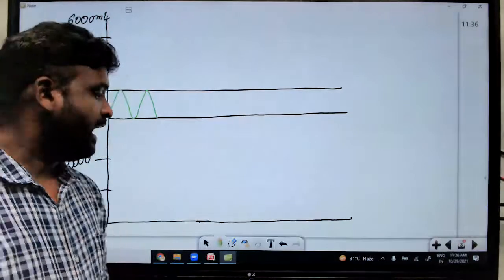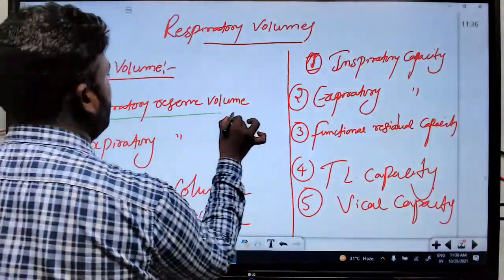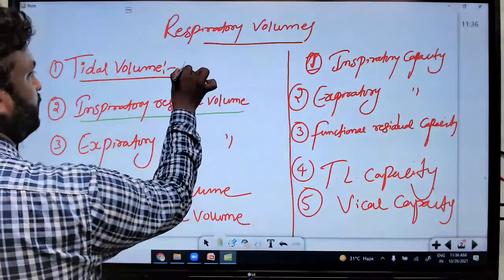Good. Over. And next one, we have to move to that. The second one is inspiratory reserve volume.